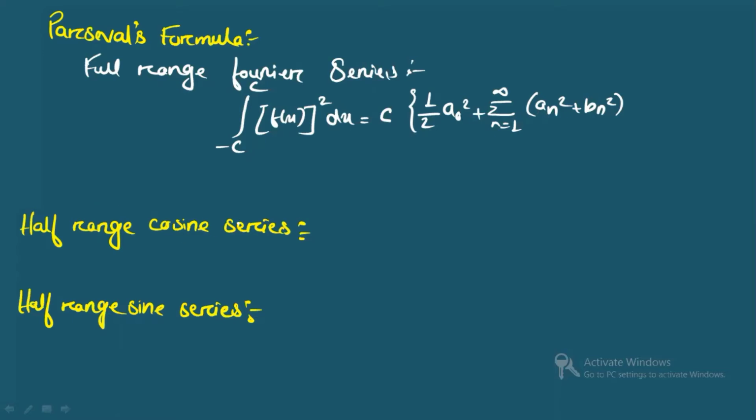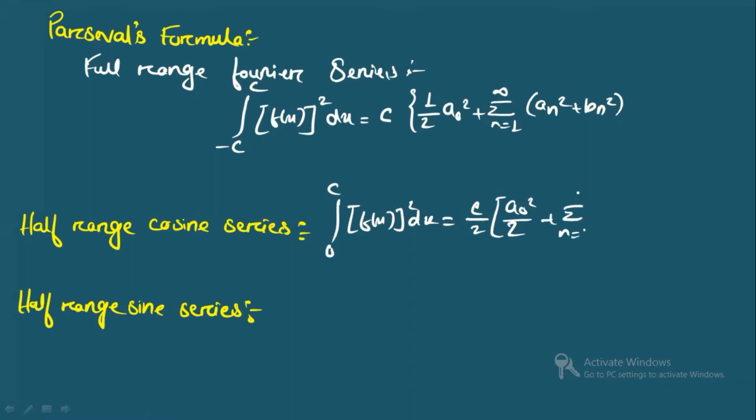For the half range cosine series, the integration limit will be 0 to c. The integral of f(x) square dx is equal to c by 2 times, in the bracket, a naught square by 2 plus summation n equals 1 to infinity an square.